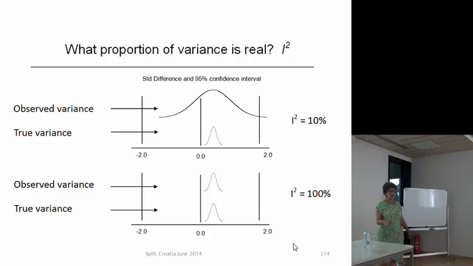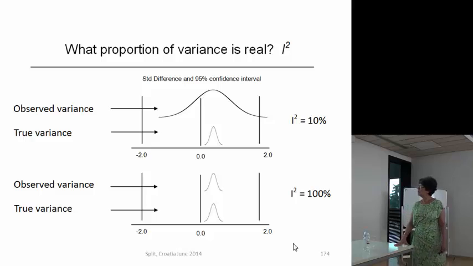So I-square is going to depend not only on the amount of true between study variation that you have, it's also going to depend on the total amount of variability you have.